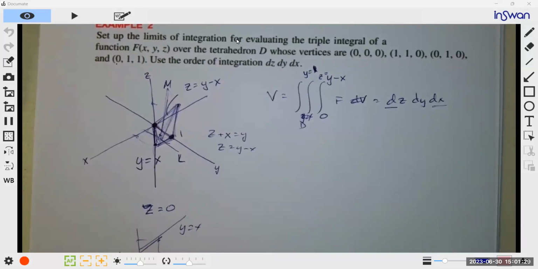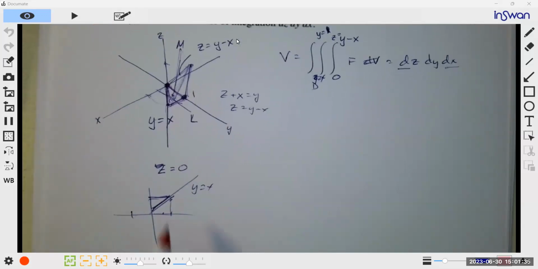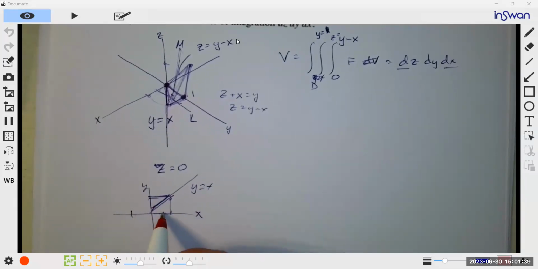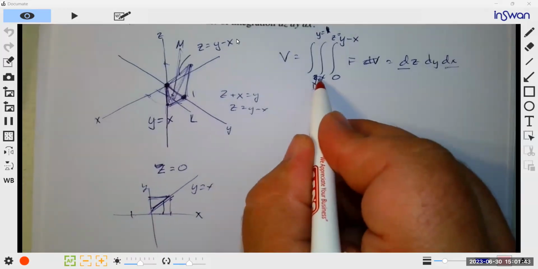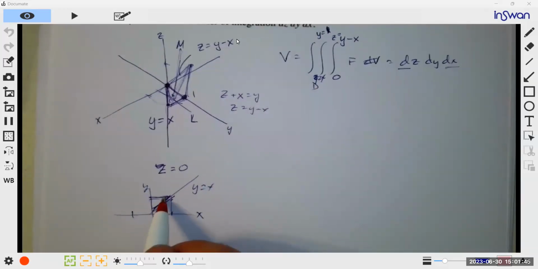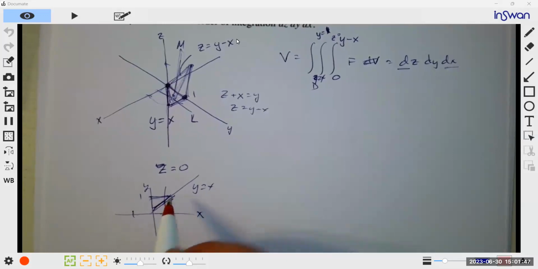If you look at it this way, our graph really looks like this from on top. So perpendicular from x, I'm touching the graph y equals x, which is the lower bound, and it exits when y equals 1.